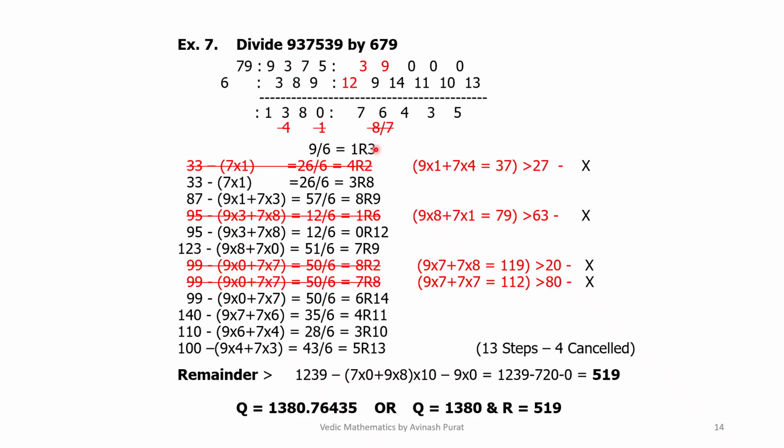So this is out of question. We take 33 minus 7 into 1 equal to 26 divided by 6 equal to 3, remainder as 8.